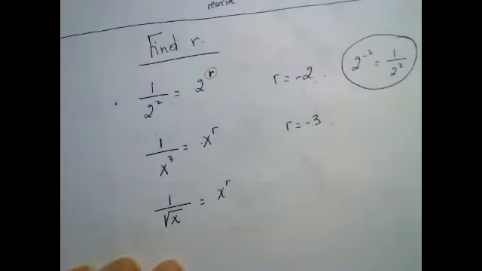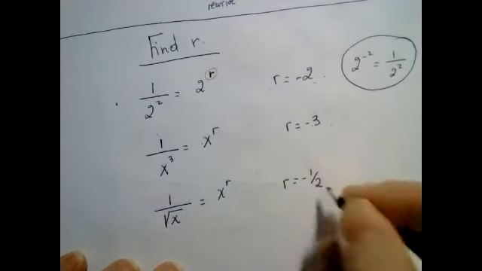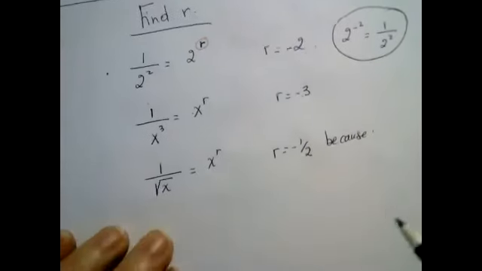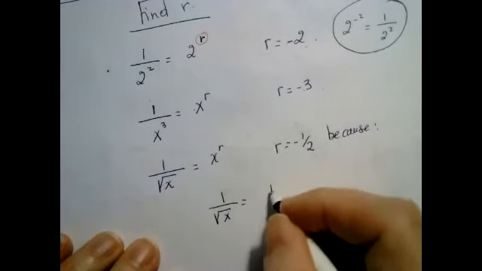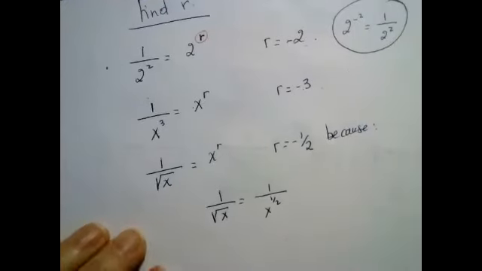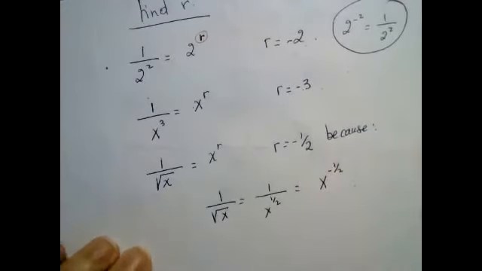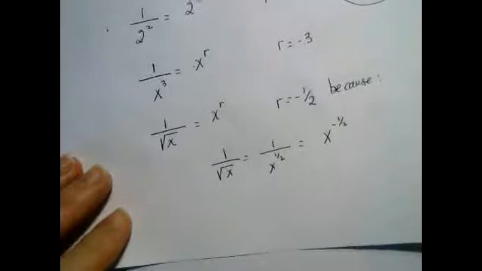You're right. Exactly. Its R is -1/2 because 1 over root x is basically 1 over x to the power 1/2, which is x to the -1/2. So we're actually moving backward, because you have to know backward, forward. That's as simple as that.